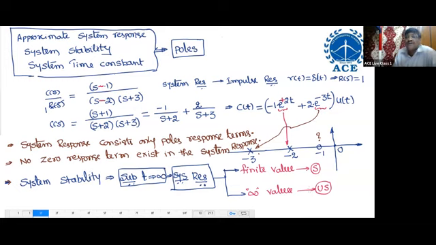The pole affects the system stability. The zero is not affecting the system stability. Poles always affect the system stability; zeros do not. That's why for system stability also consider poles. The simple reason is that the system response consists of only pole terms.